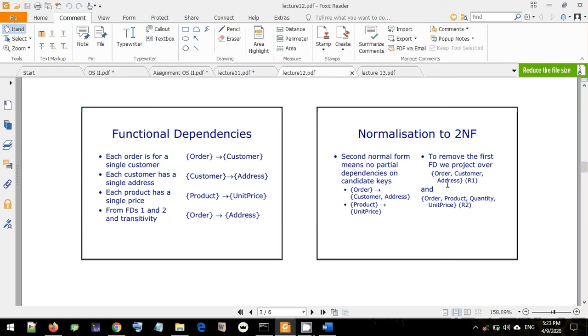We'll have another table R2 having the attributes order, product, quantity, and unit price. That's how we remove the first dependency.